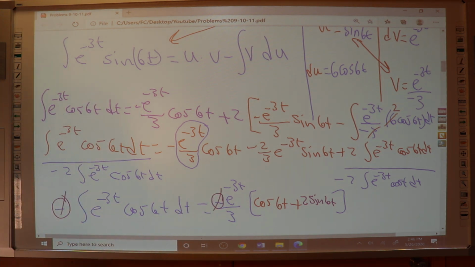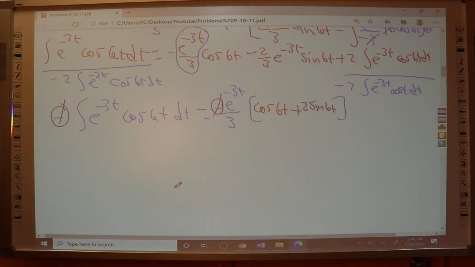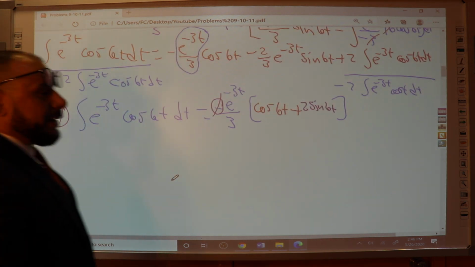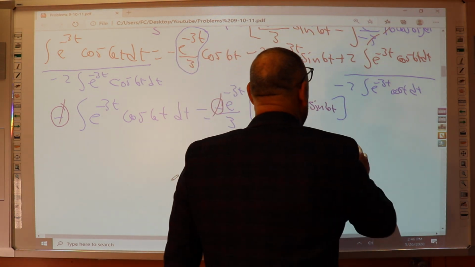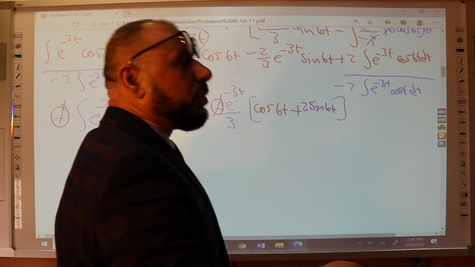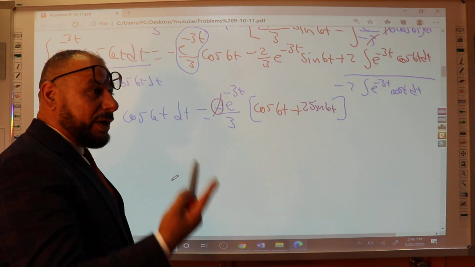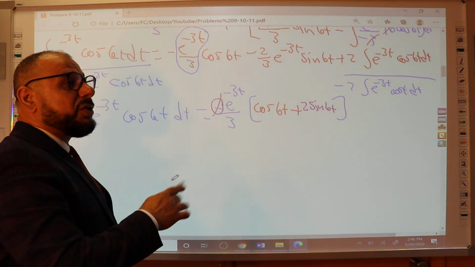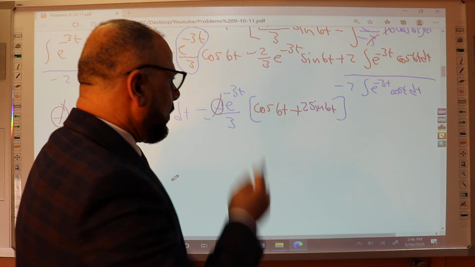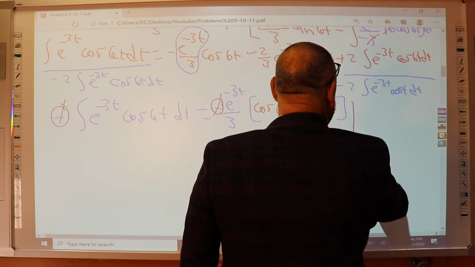Now my integration will go from where to where? From 0 to pi, right? And don't forget to multiply the whole thing by 1 over 2. That's the last step, because we did only one integration. We have the second one, and we have to do the same thing for the second integration. All my integrals go from 0 to pi.